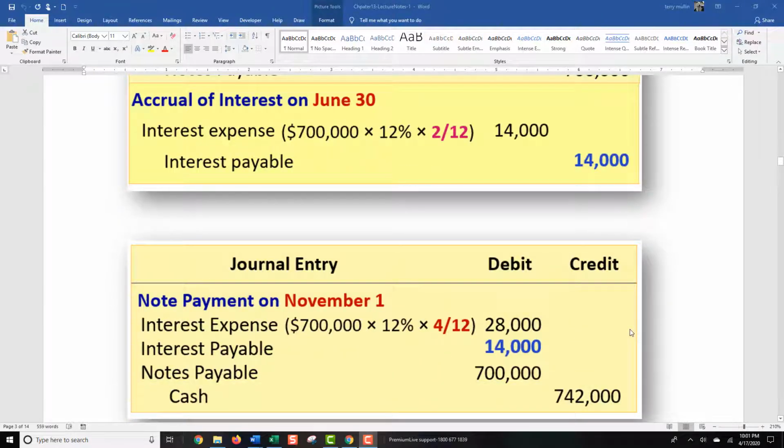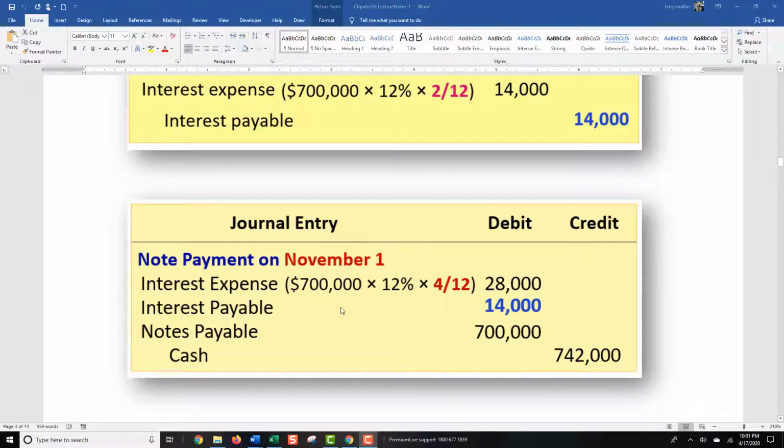Then later, when it is time to pay that note, then you're going to record the payment on November 1st. 4 more months have now gone by, so you need to record interest expense for 4 more months. You have to take the interest payable that you put on the books up here off the books because you are now paying it.